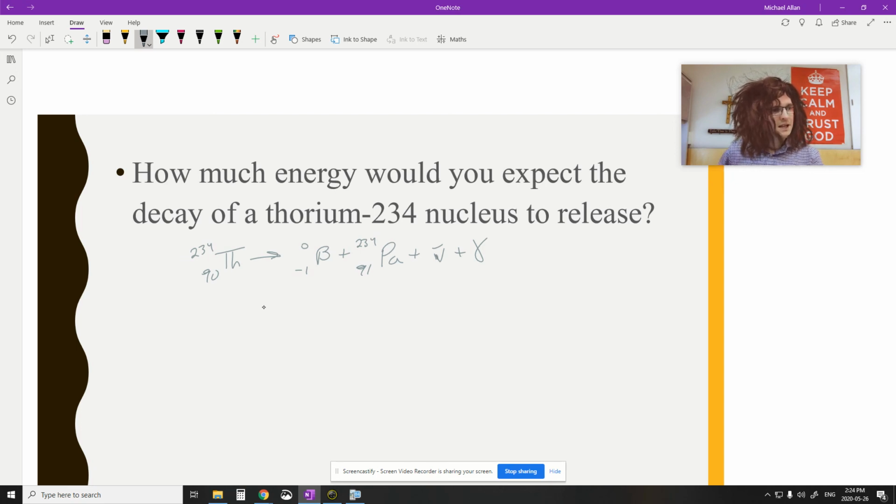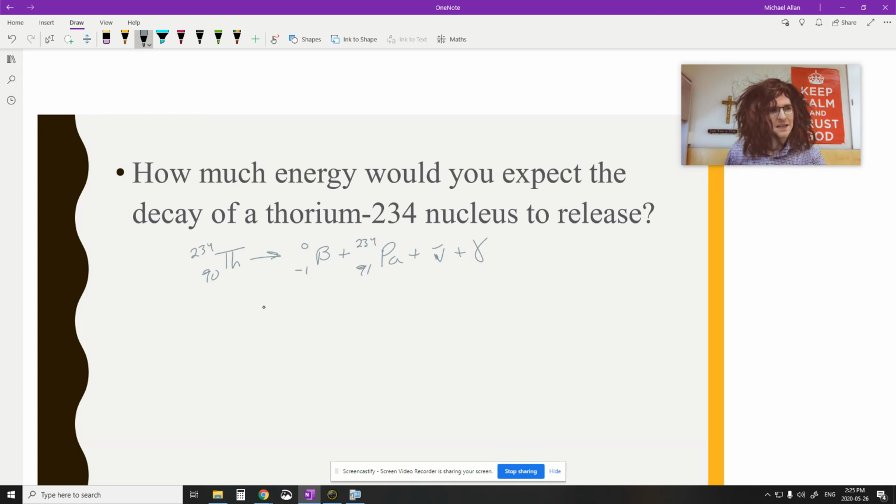Now, the one thing that I'm missing here is how many electrons are there to start off with, because I'm gaining an electron. Electron just pops into existence. So we start off with 90 electrons. So this has 90 electrons as well. 90 electrons, but it doesn't say 90, it says 91 here.